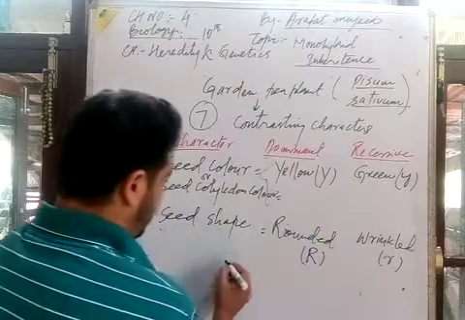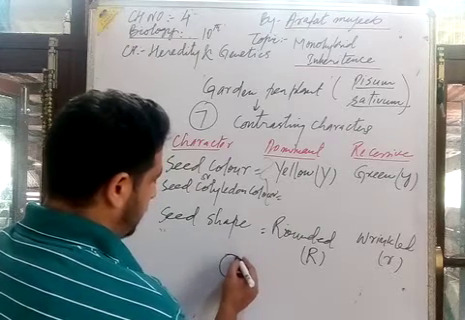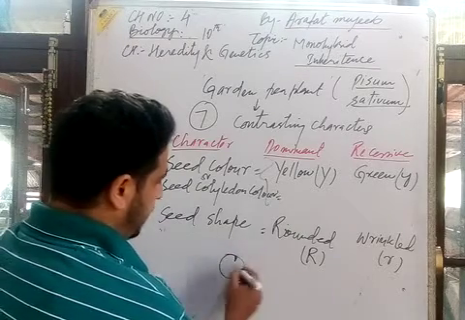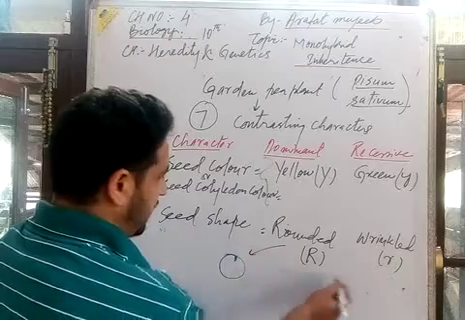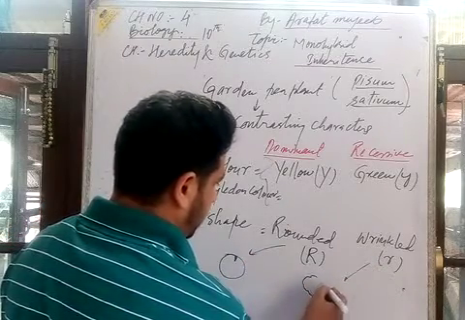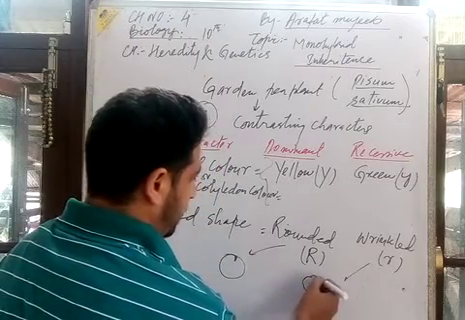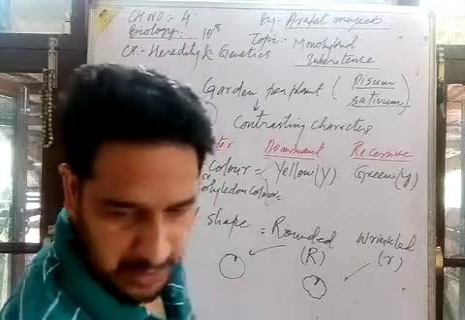If you take the seed of a pea, one is rounded, and the wrinkled one is in this form. A wrinkled, constricted seed, you can also say, is of this type.